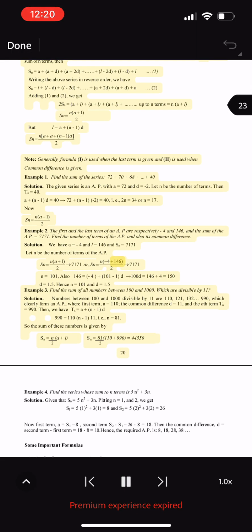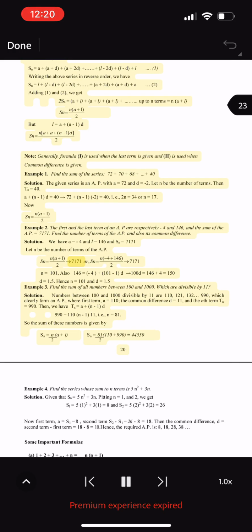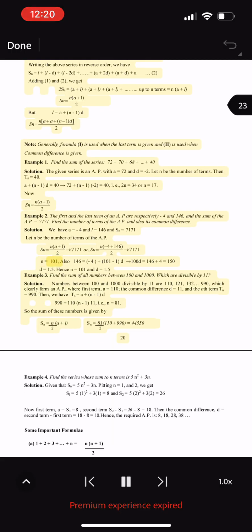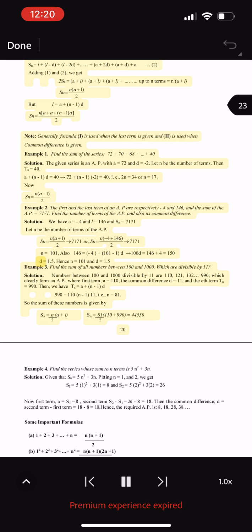Then Sn = n/2 (a + L), so n equals 101. Also 146 equals 4 plus (101 - 1)d, so 100d equals 146 minus 4 equals 142, d equals 1.42. Hence n equals 101 and d equals 1.42.